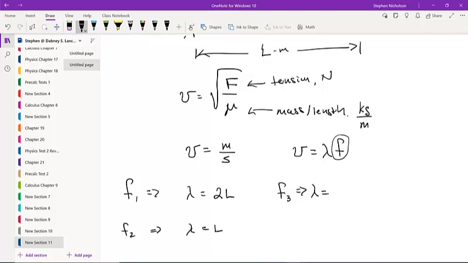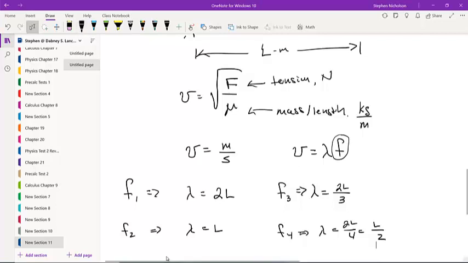Well, this is a half, then we take 2/3, so this is 2L divided by 2, and this is 2L divided by 3. The fourth harmonic, lambda has to equal 2L divided by 4, which is L over 2. So you can see the wavelengths get shorter as you get to higher frequencies.